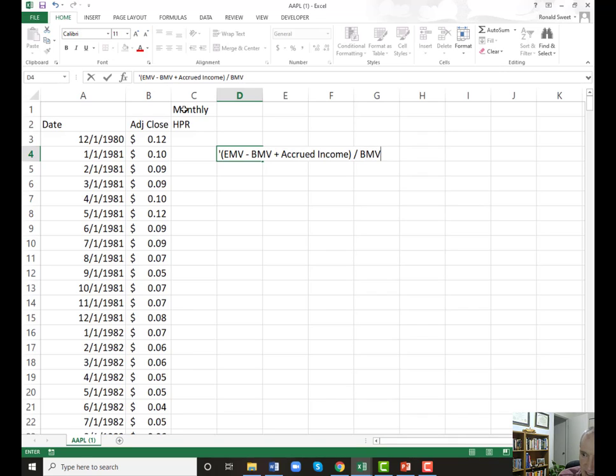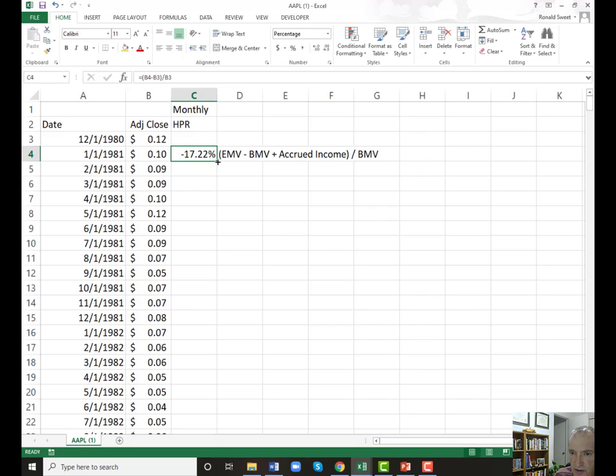But in this case, the accrued income is already part of the adjusted close. It's already in there, so we don't have to do the accrued income. So essentially all we need is the ending market value minus the beginning market value. We can say plus 0, but I'm going to leave it out, divided by the beginning market value. And that gives us our return for that first month, which is really low, negative 17.22%.